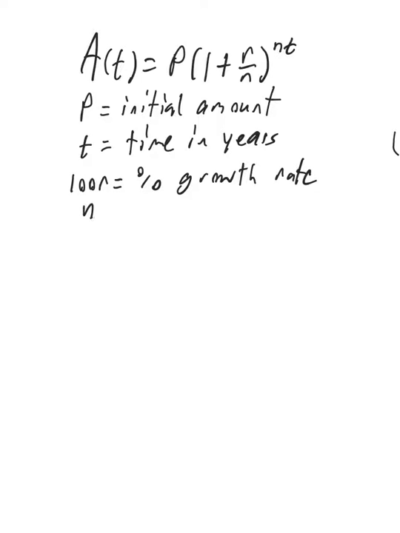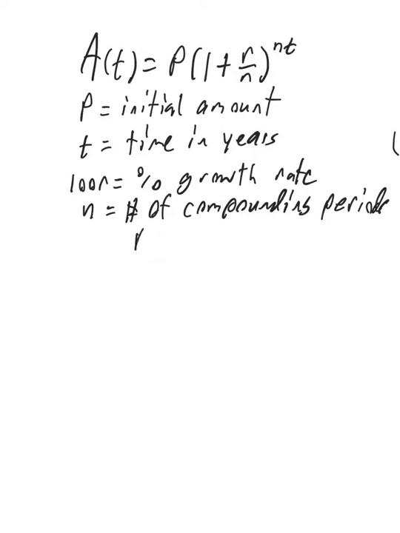And then N is the number of compounding periods per year. If you are compounding monthly, which is what most savings accounts do, N is 12. If you're compounding yearly, N would just be 1.